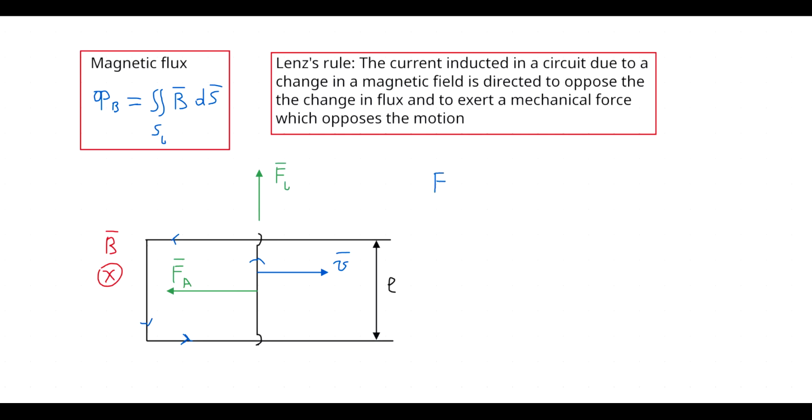So this Lorentz force may be calculated from here, and FL will be equal to charge Q, charge inside the rod, multiplied by cross product v and B. So let's find the absolute value of this force.